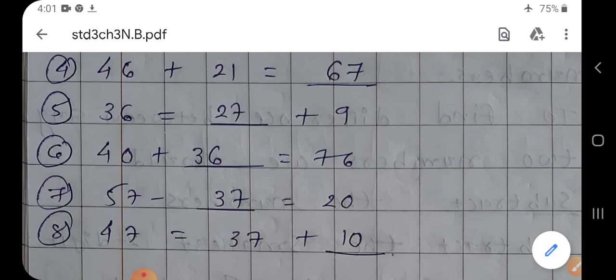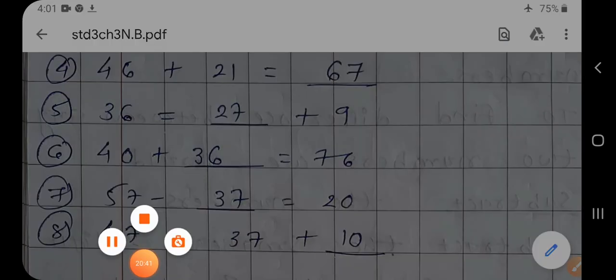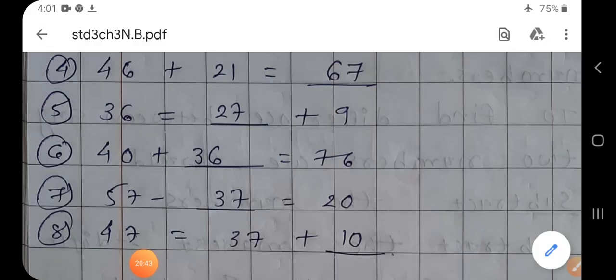The answer is 37. 57 minus 37 is equal to 20. Then eighth number, 47 is equal to 37 plus blank. So 37 plus 10 is equal to 47. The answer of 8 is equal to 10.